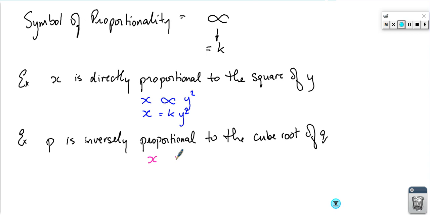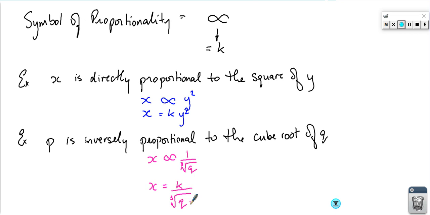It is proportional to the inverse of the cube root of Q. To form a formula, P is k times 1 over the cube root of Q, so that's k on the cube root of Q. Okay? So that is my formula.